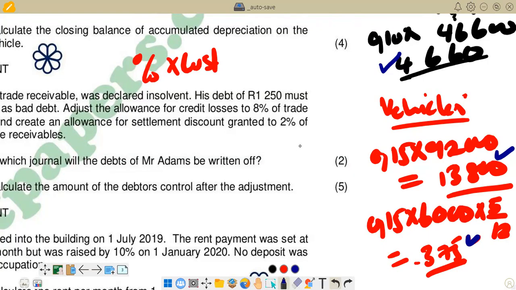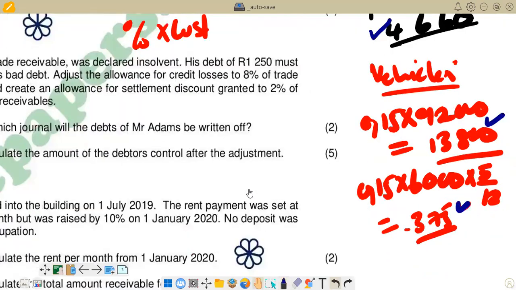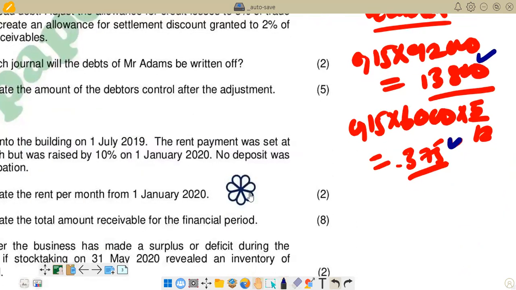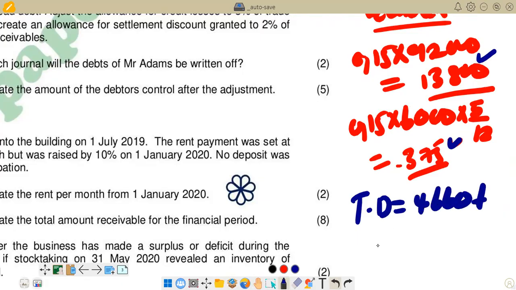So total depreciation, we are now saying, the depreciation for our equipment, we got 4,660, and then we add the vehicles that stayed the whole year, which is 13,800, plus this one that stayed only 5 months, which is 375.